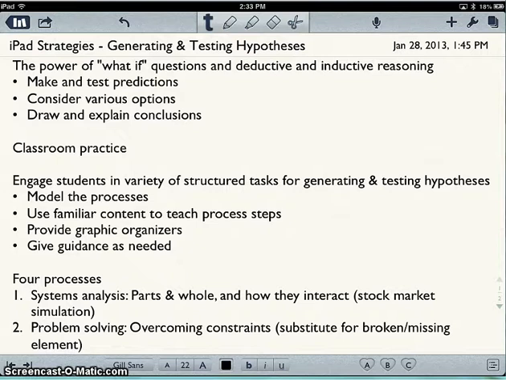In terms of those recommendations for classroom practices and coming up with structured tasks, some of the recommendations there include the teacher modeling the processes that students might follow, basing it on familiar content, as always, giving guidance, providing graphic organizers. Those sorts of scaffolds are always helpful.